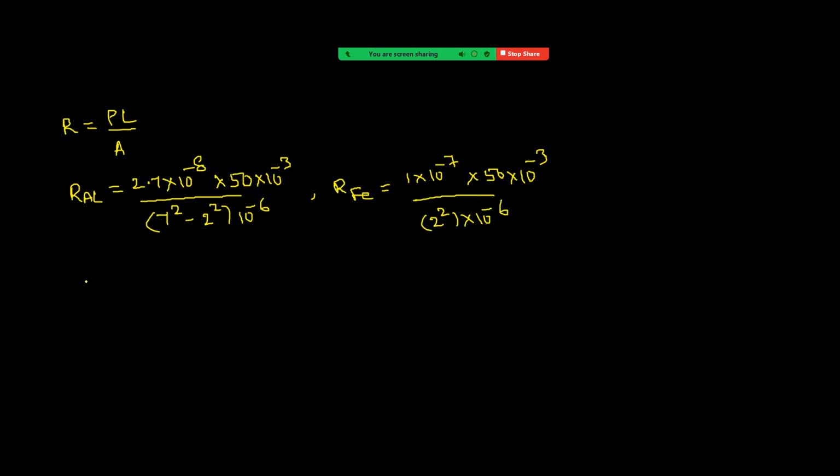Now effective value 1 by R equal to, since they are parallel combination, 1 by resistance of aluminum plus 1 by resistance of iron. Okay. So after solving this, we are going to get 1875 upon 64. Okay. This is in micro ohm. So it is just a matter of taking the equation rho L by A, calculating both separately, then find resultant. Okay.